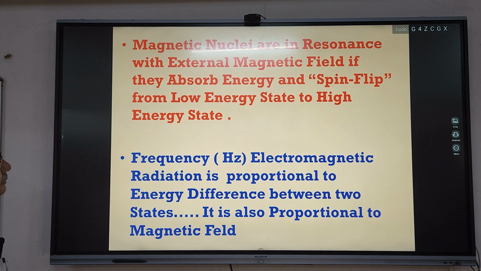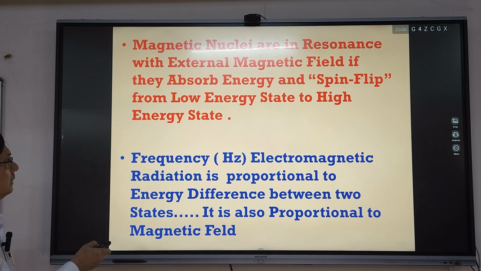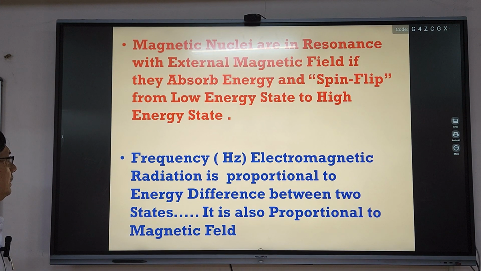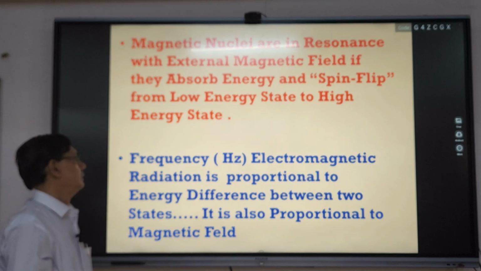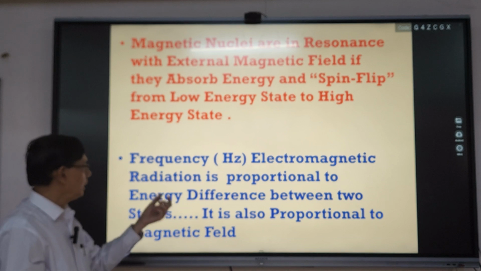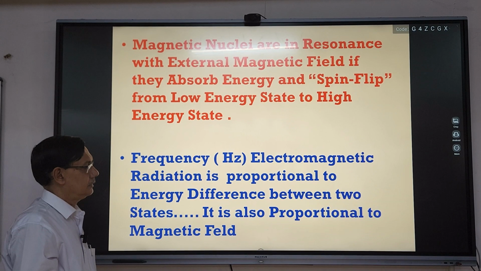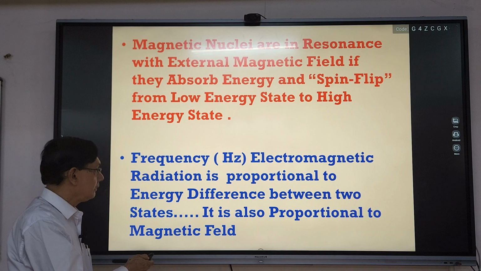Magnetic nuclei are in resonance with the external magnetic field if they absorb energy and spin flip from the low energy level to the high energy level. That is the explanation. You can understand these things. Same thing I have written just otherwise. And as I have already told you a few minutes ago, the frequency of the electromagnetic radiation is proportional to the energy difference between these two states, and that is also proportional to the magnetic field.